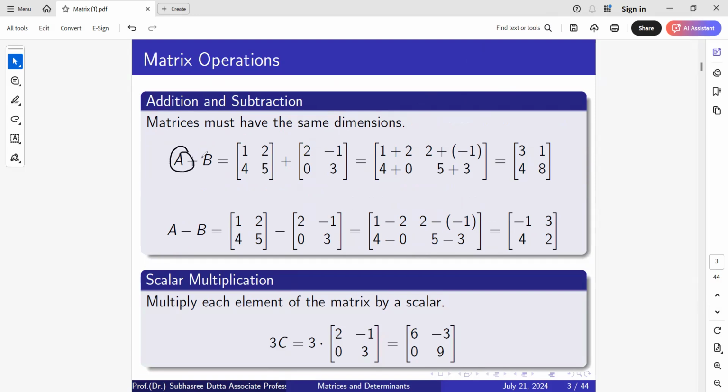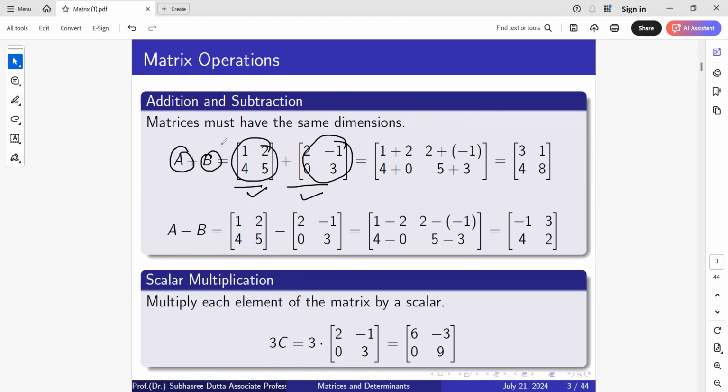Suppose there are two matrices A and B. This is A, which is a square matrix. This is B, this is a square matrix. So you have to keep in mind that when you are doing addition between two matrices, then the number of rows and number of columns of those two matrices should be the same. Otherwise you cannot add or you cannot subtract.